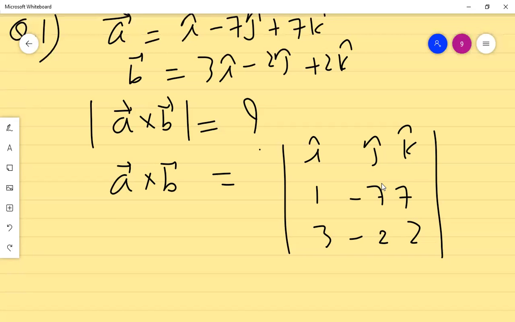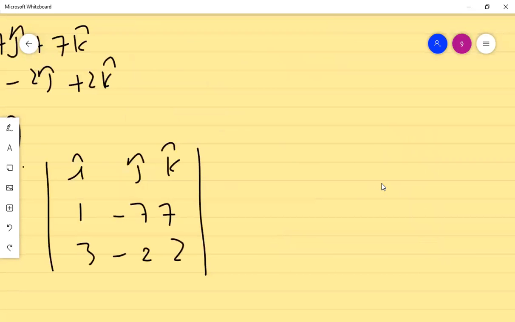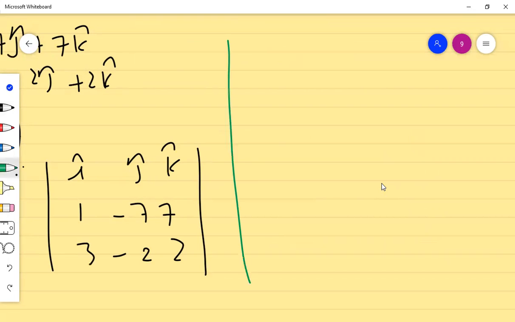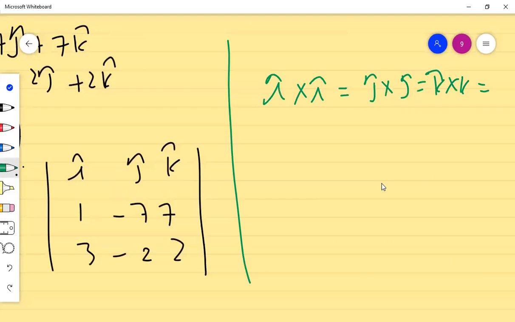But if we take I cross I, that means 0, J cross J equals 0, and K cross K equals 0. I cross J equals K, J cross K is I, K cross I equals J. That should be in cyclic order.